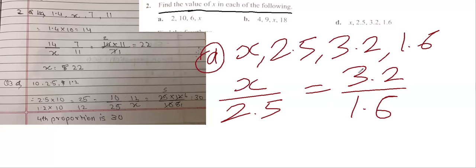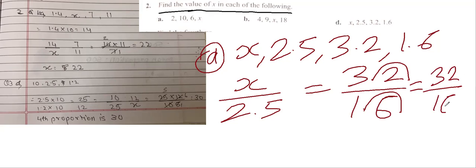Now since there is a decimal point here, this point can be transferred here, and you will get 32 upon 16. Okay, now 16 into 2 is 32, correct?